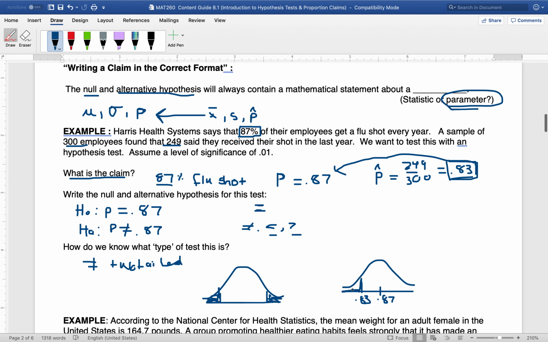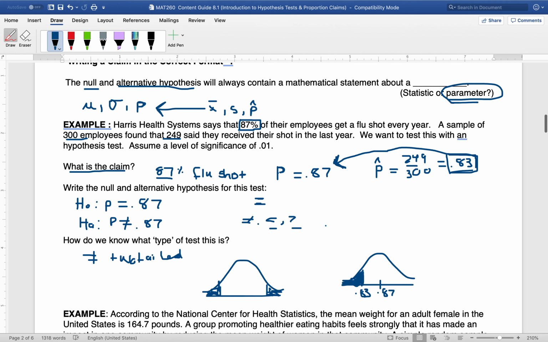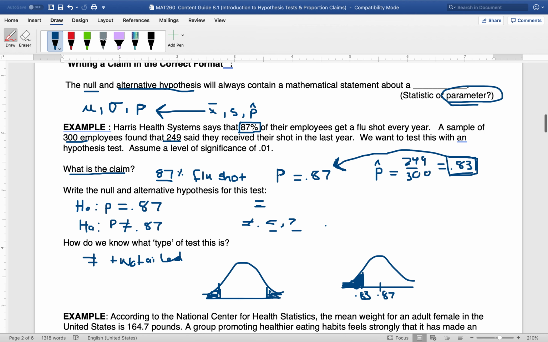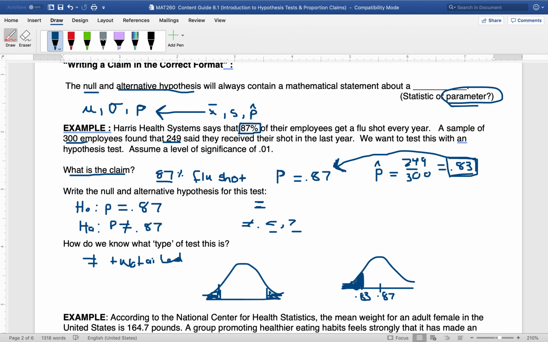So if the chance of getting the 0.83 is really low, we're going to say, oh, their claim is probably not true. And if the chance of getting the 0.83 is really high, then we're going to say, okay, we don't have evidence that it's not true. It could still be true that it was actually 87%. So that's the point of doing the hypothesis testing. We're seeing if the chance of it happening is a low chance or a high chance. So we'll talk about that more in later videos.